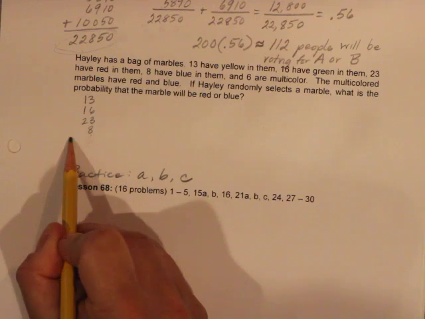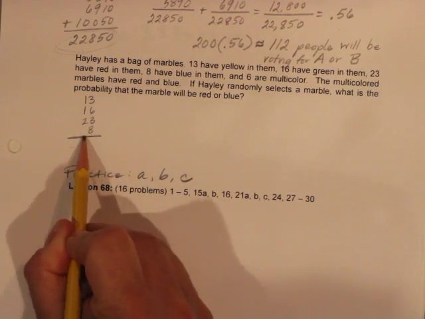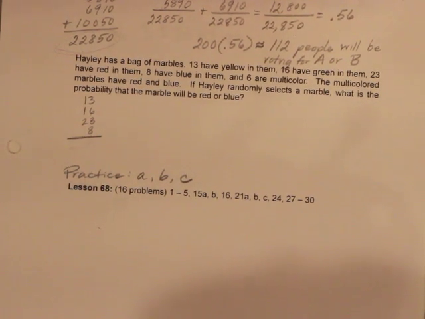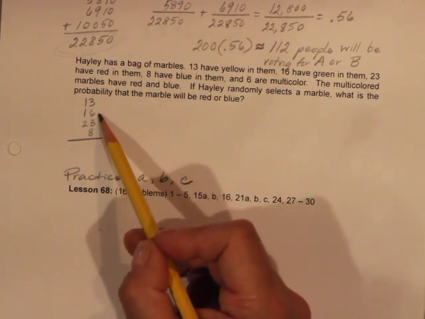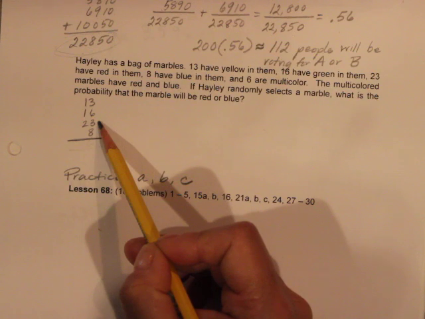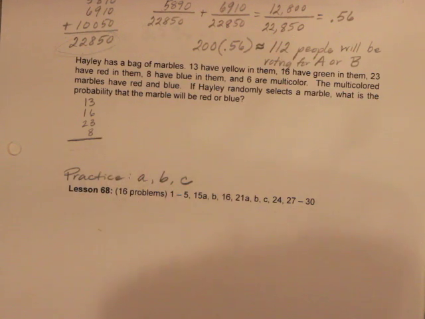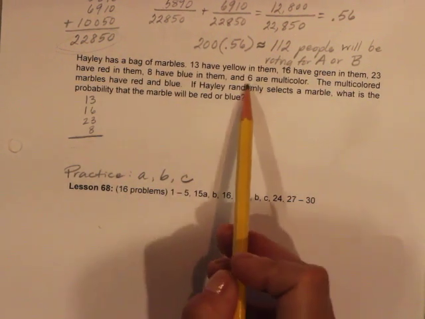Here is my total possibilities, right? 13 yellow, 16 green, 23 have red, 8 have blue, 6 are multicolored.